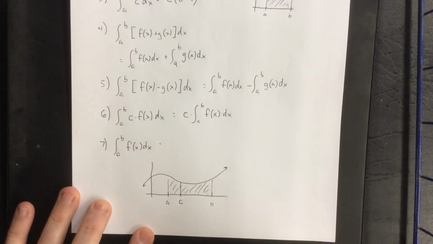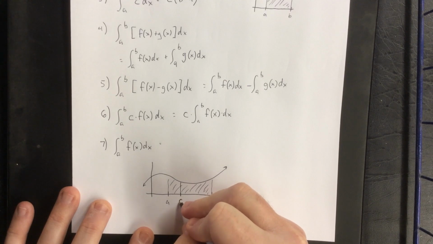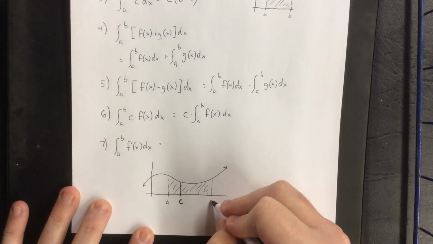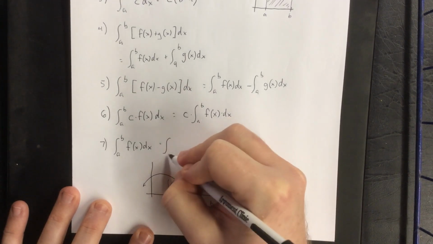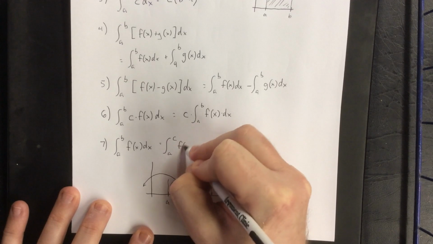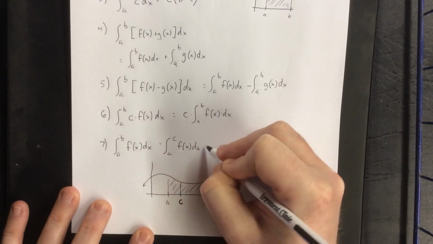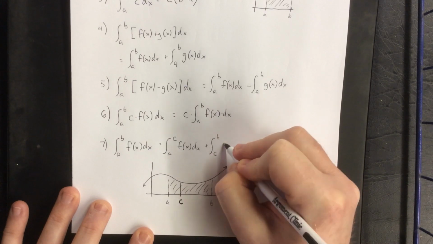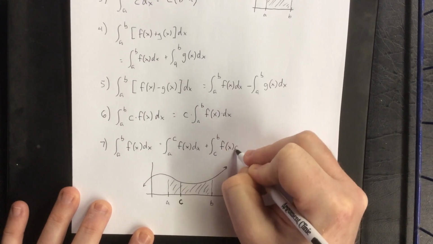Hopefully it makes sense that if I were to find the area from a to c, and then add the area from c to b, that makes sense. That would be the definite integral from a to c of f of x dx plus the definite integral from c to b of f of x dx.